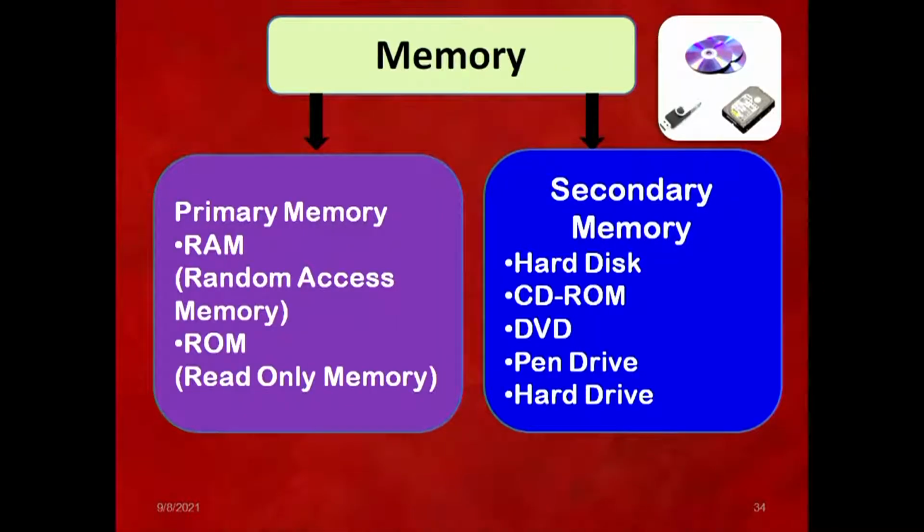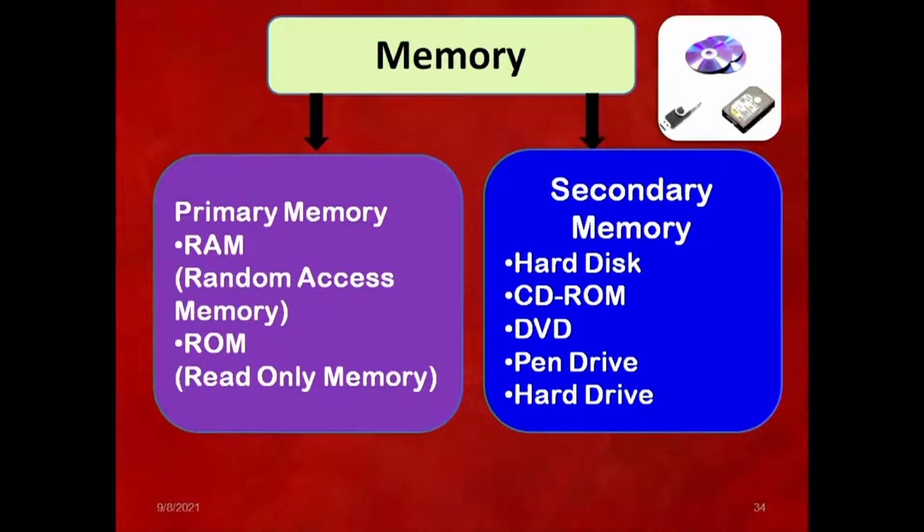Now we will talk about memory of the computer system. As we have discussed, the memory unit is used to store data. Basically, memory is categorized into two parts: primary memory and secondary memory. Primary memory is again segregated into two parts: random access memory and read only memory.